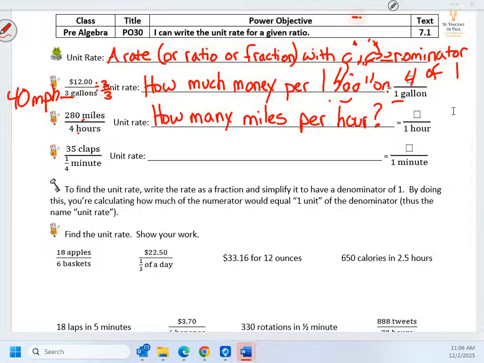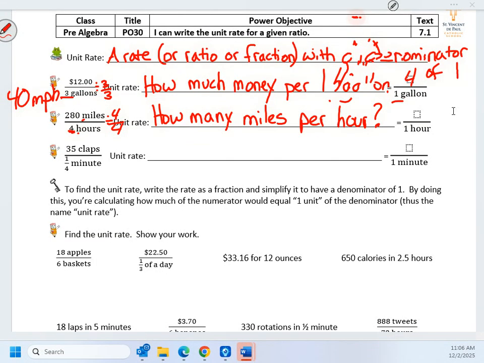Leo? To go from 4 down to 1. How do I go from 4 to 1? What am I going to divide that 4 by? Yeah, I'm going to divide it by that denominator. 4 divided by 4 gets me 1 hour.